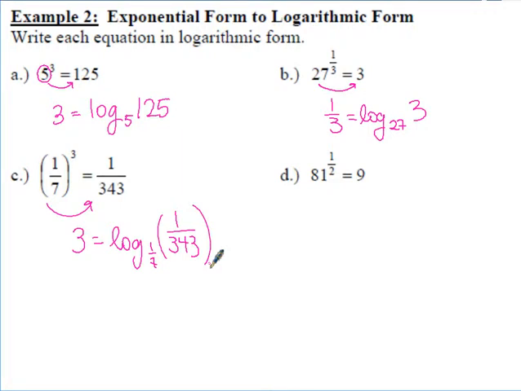So you get 1/2 equals the log base 81 of 9. So what this is saying is 81 to what power equals 9? That's how you have to read it. I know it's kind of a weird way of reading it, but that's all a logarithm means. You're finding an exponent. If you take 81 to the 1/2 power, that's the square root of it, so isn't the square root of 81 equal to 9? Yeah.